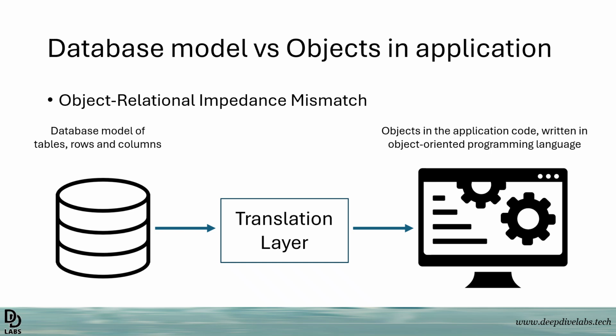Coming back to the NoSQL database, it's important to understand the object relational impedance mismatch that we already talked about, right? There is a mismatch that exists between the physical data model and the objects in an application code, which is usually written in an object-oriented programming language.